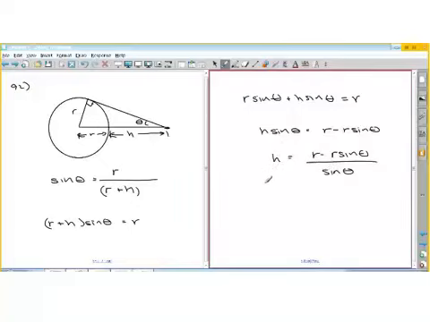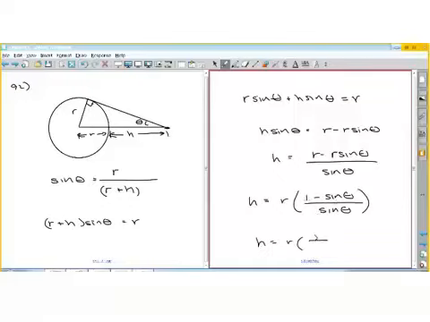So we factor out r. We get r times 1 minus the sine of theta divided by the sine of theta. And if, instead of having a common denominator, we split it up, what we get basically is 1 over the sine of theta minus the sine of theta over the sine of theta.